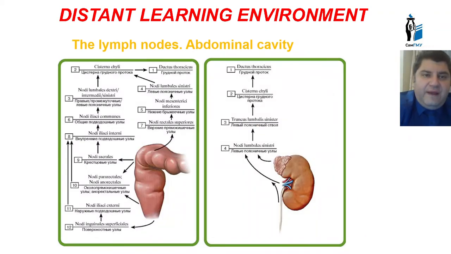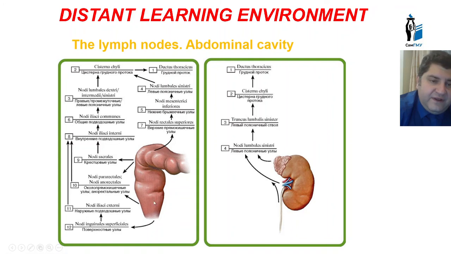From the rectum, at the left picture, you may see that from superior parts of the rectum, lymph passes to superior rectal nodes, next to mesentery inferioris nodes, to lumbar sinister nodes, and to the thoracic duct.